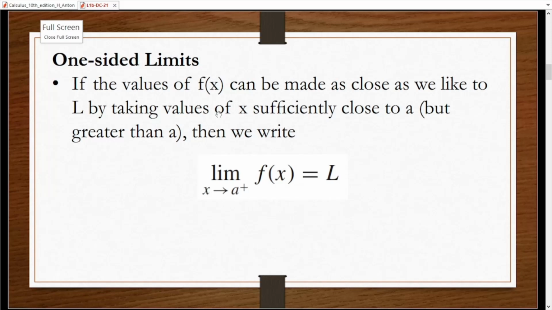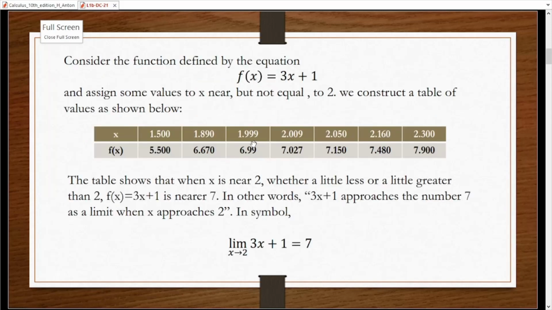So, yung a positive dito is nag-i-indicate na ang tinetest mo, or ang ginagamit mong value para kay x, is greater than a. So, halimbawa dito, kung kukunin natin yung limit ng function, ang gagamitin lang nating values for x is greater than 2.